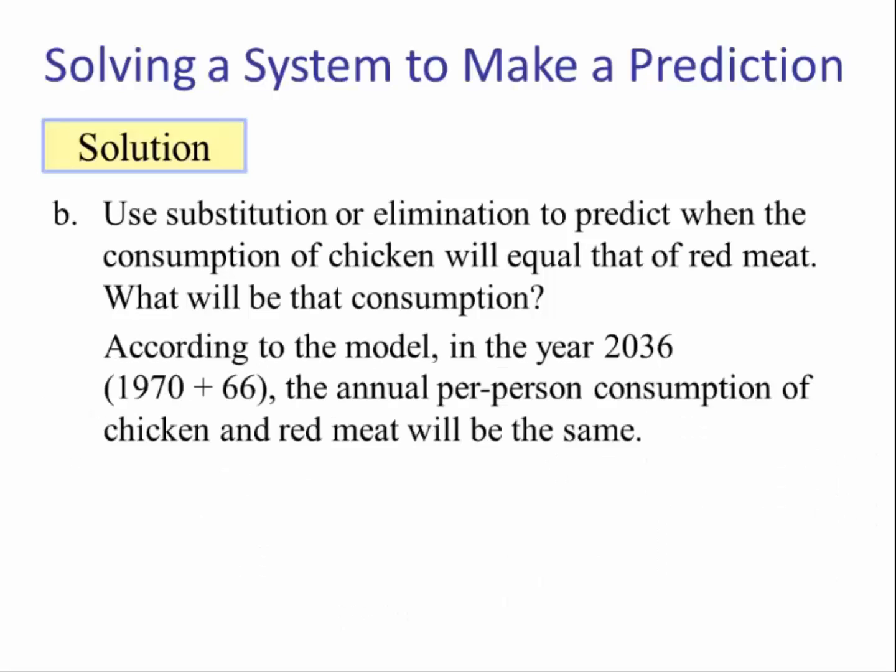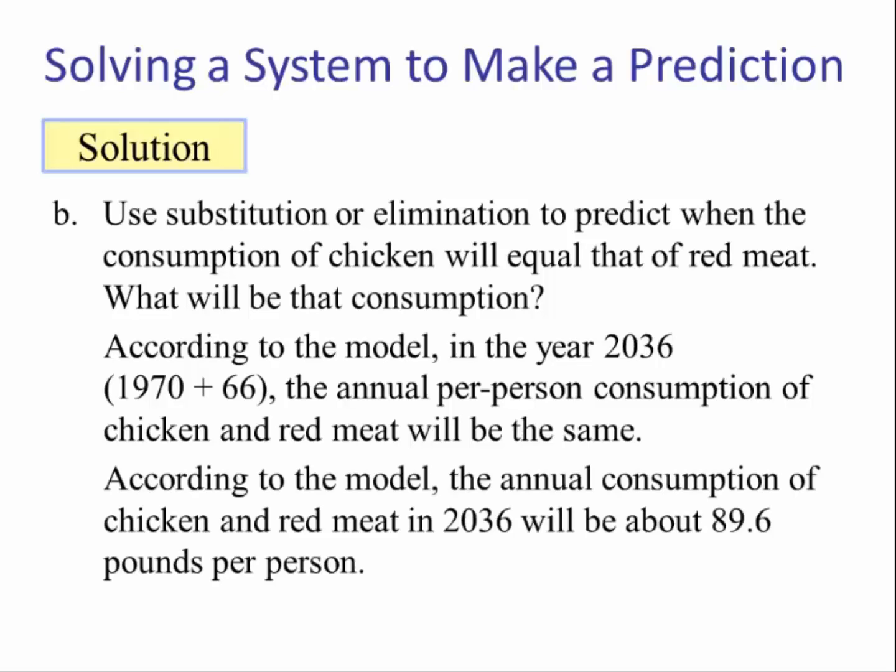We would say, according to the model, in the year 2036, that's 1970 plus our t, which we round off to 66, the annual per person consumption of chicken and red meat will be the same. For consumption, we would say, according to the model, the annual consumption of chicken and red meat in 2036 will be about 89.6 pounds per person.